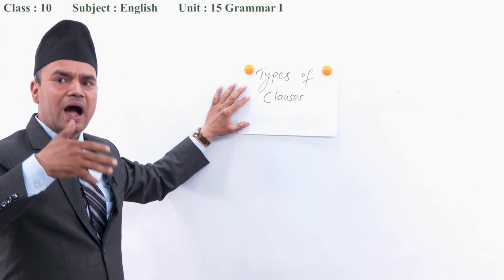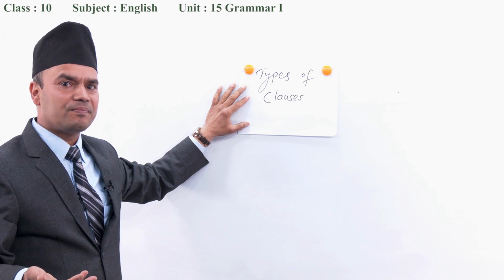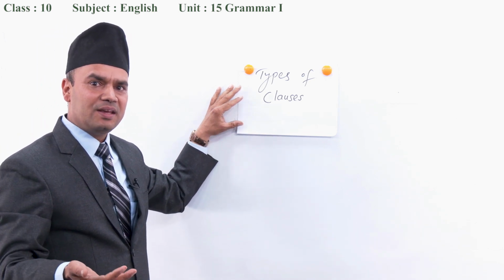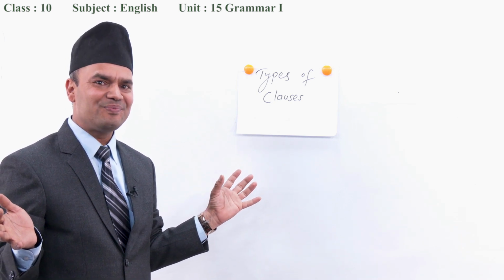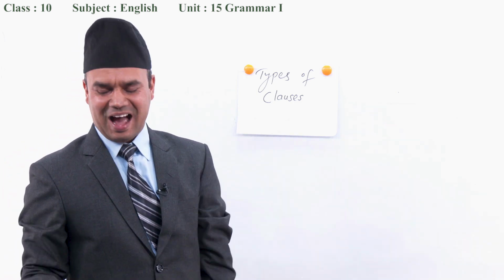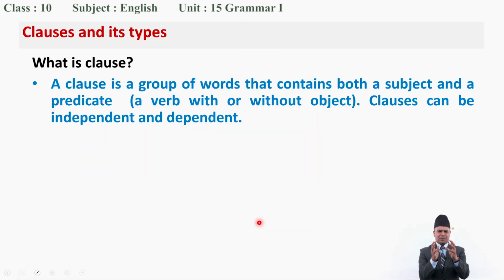Can you tell me how many types of clause there are? Don't know? Okay, I'm going to describe them here. Before describing the types of clause, you must know what a clause is. It's not a motorcycle or scooter clause, okay?